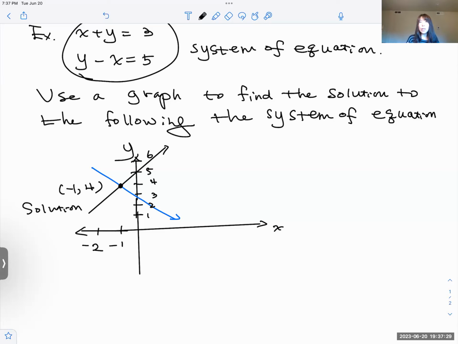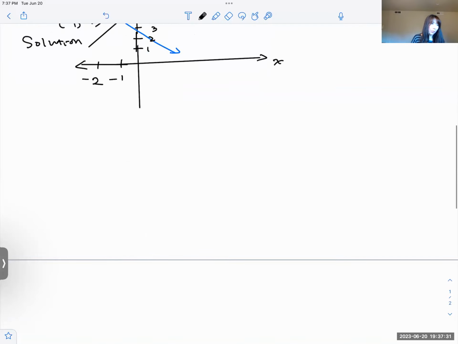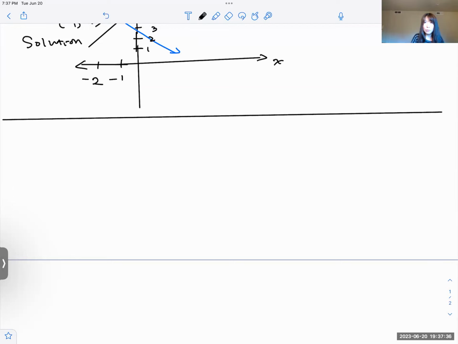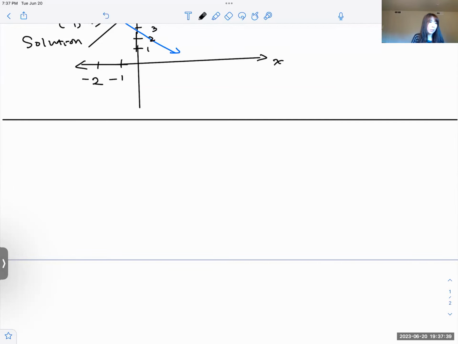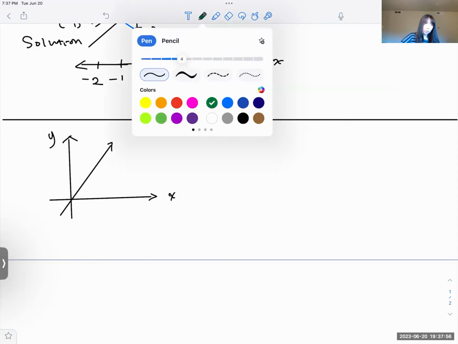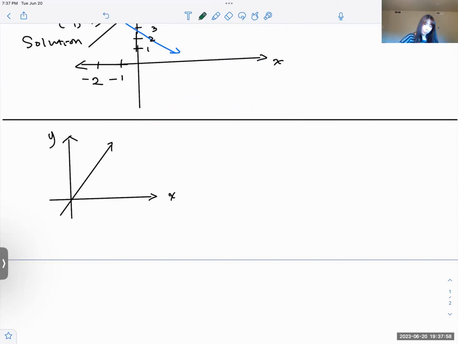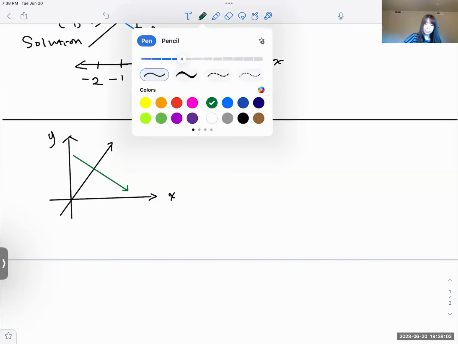Okay, now. So what if we have 3 equations? So 3 equations. This is from the algebra course. So we have one, two, and 3.